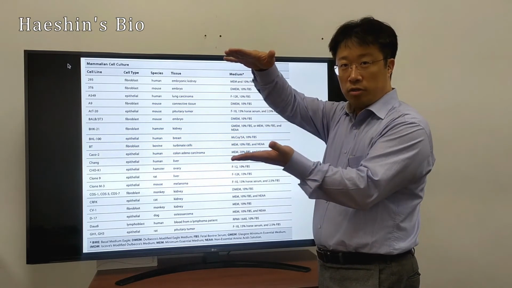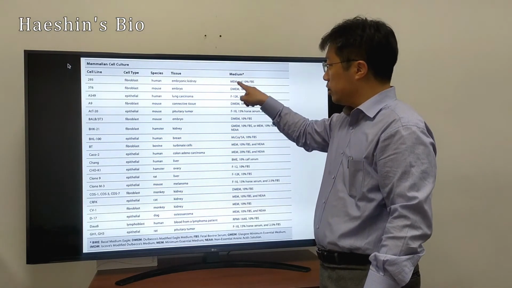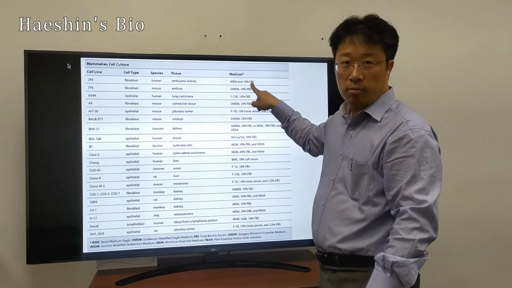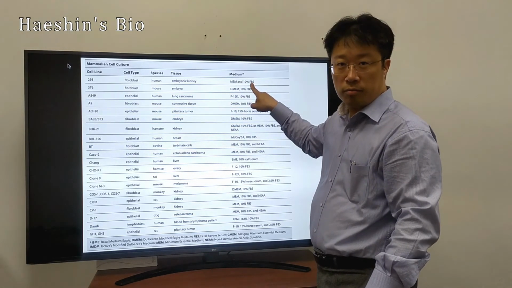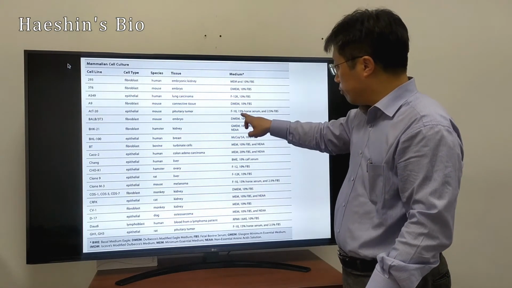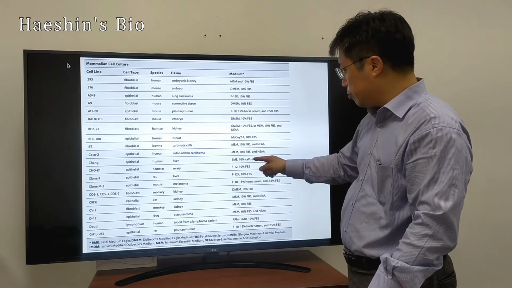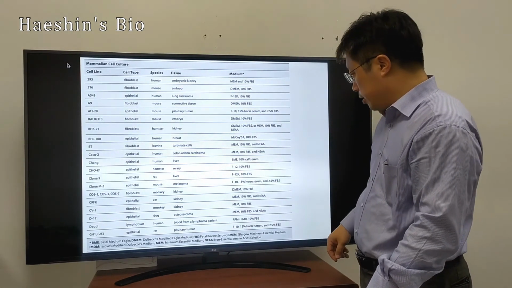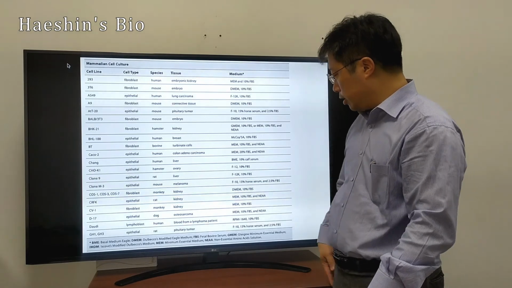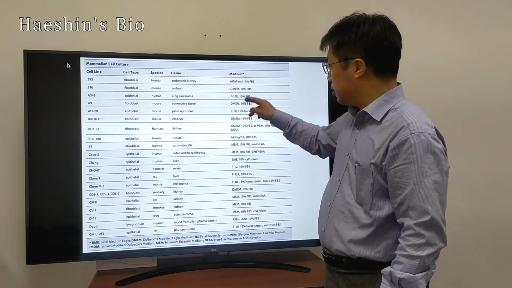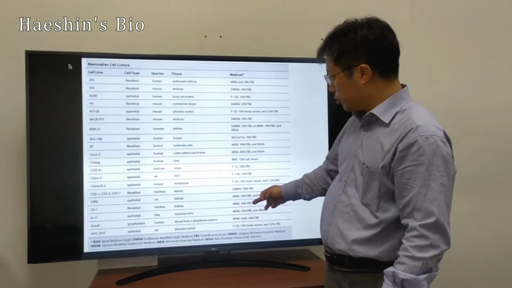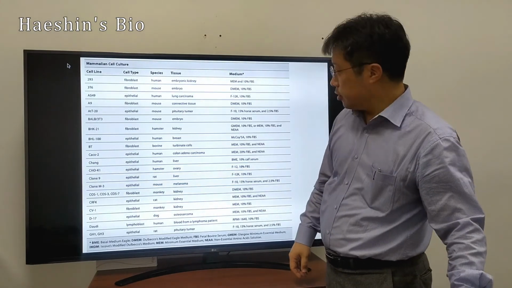Say you have 100 milliliters, then you must have 90 milliliters of this and 10 milliliters of the FBS. Sometimes you have 15, sometimes 20%, depending. But typically you see 10% FBS. Most are 10% FBS.